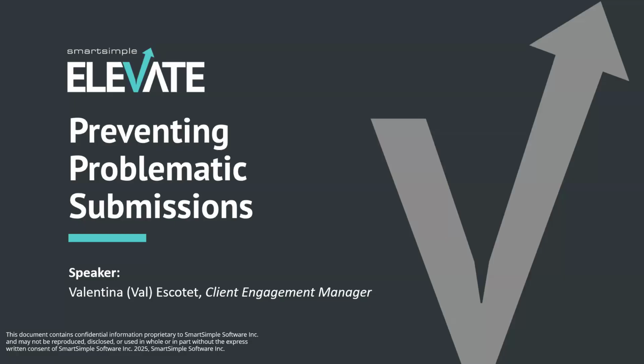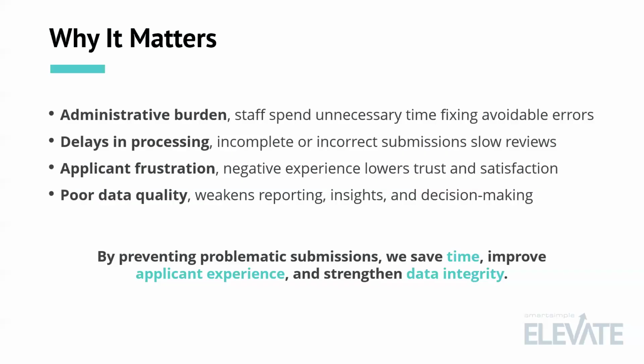So let's get started. Why does this matter, right? Problematic submissions can create real pain points. They waste your time. They delay reviews. They, of course, frustrate some applicants and just overall pollute your data.